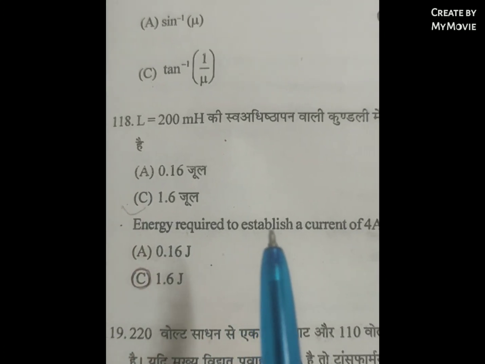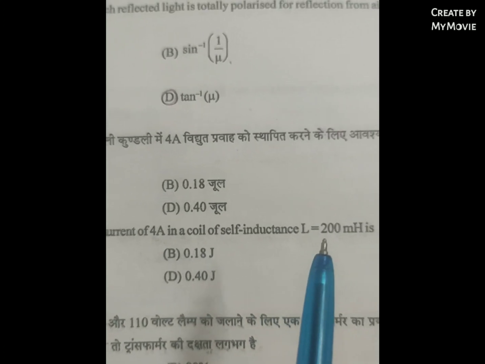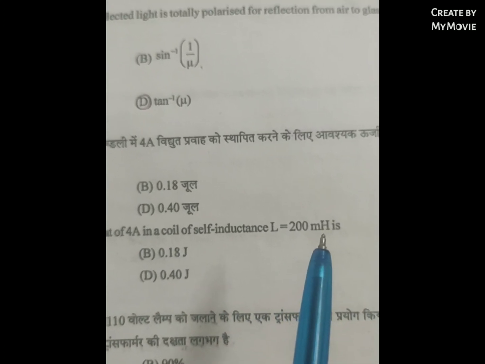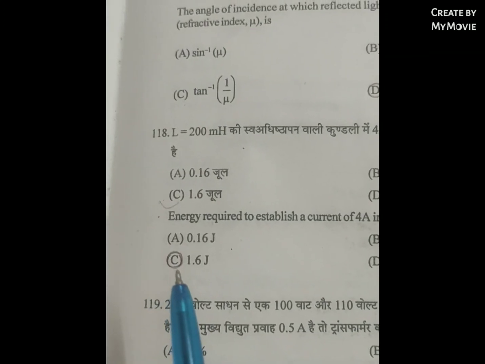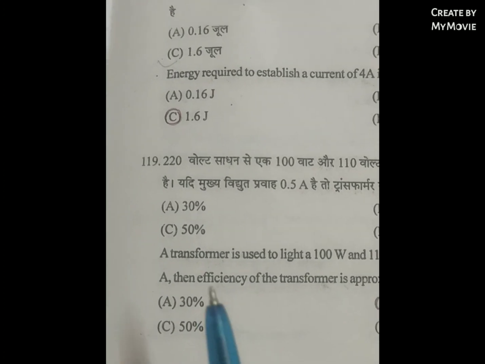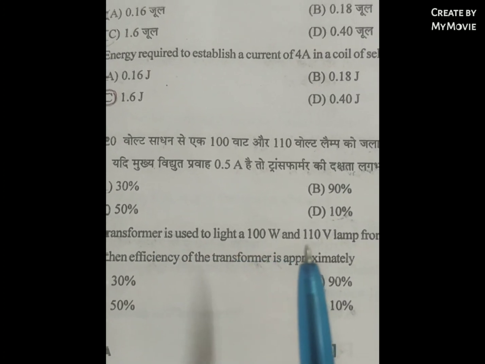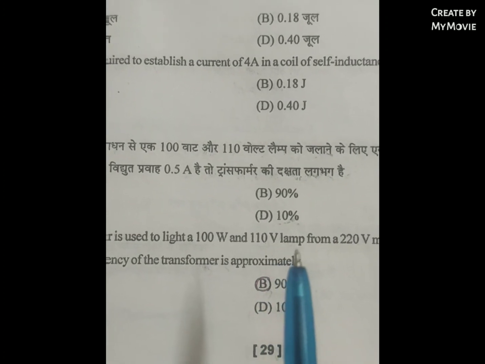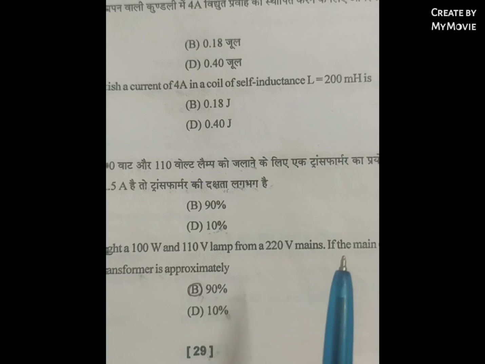118. The energy required to establish a current of 4 ampere in a coil of self-inductance L equal to 200 mH is C, 1.6 joule. 119. A transformer is used to light a 100 watt, 110 volt lamp from 220 volt mains.